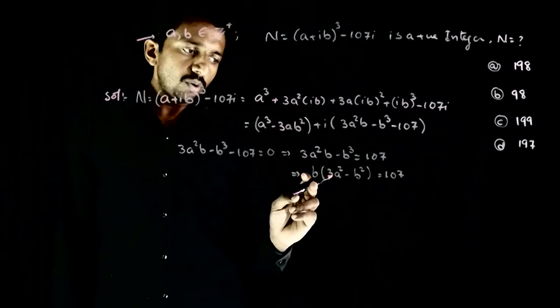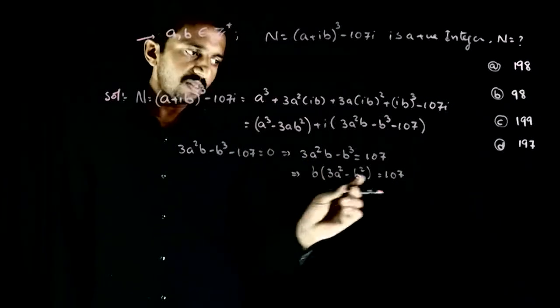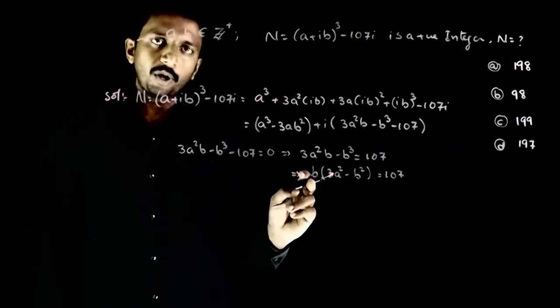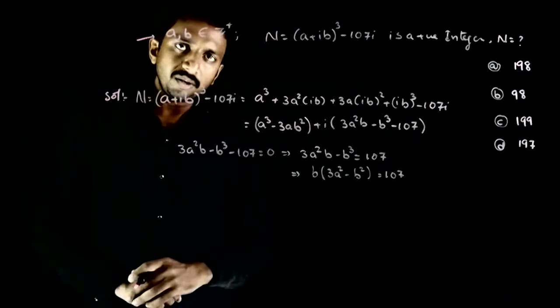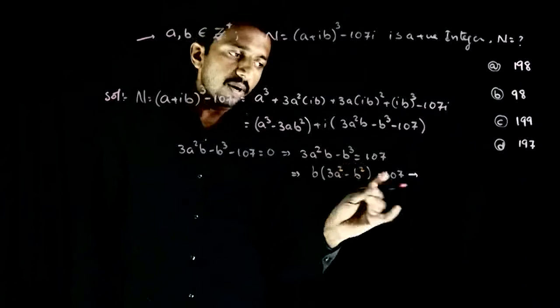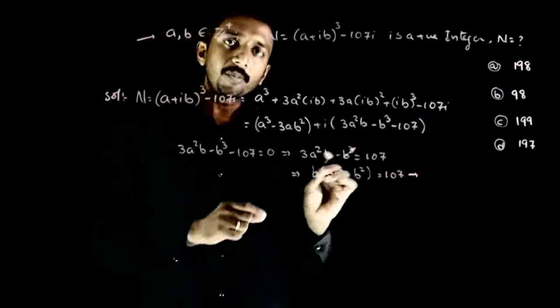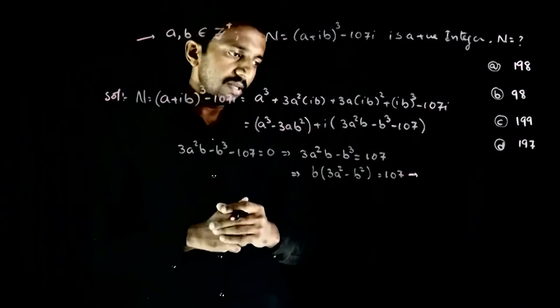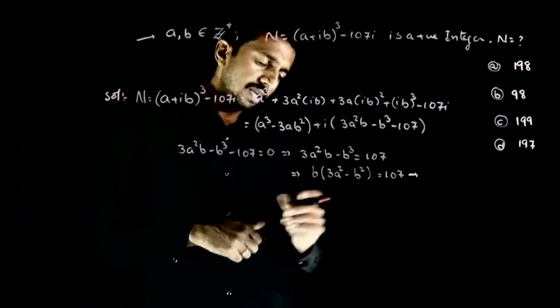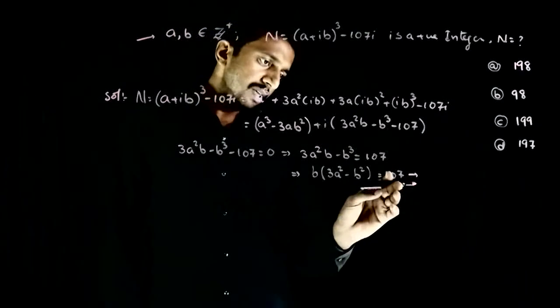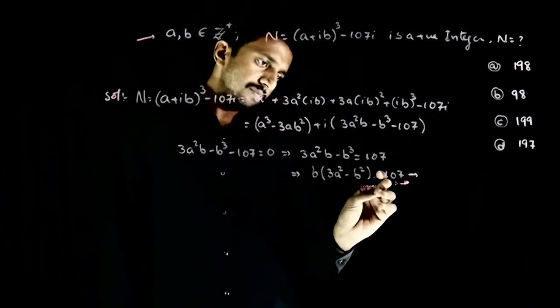Now a and b are integers, so b and 3a square minus b square are both integers. The product of two integers has to be equal to 107. In how many ways can I write 107 as a product of two numbers? Are there any factors for 107?